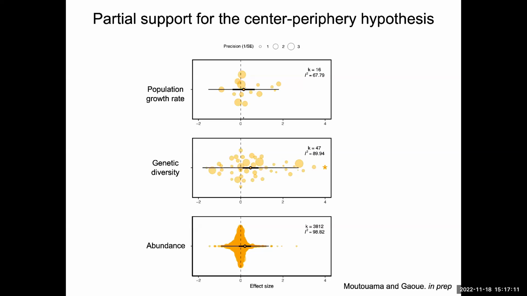So another question to ask here is, why do we have such a large variance for studies using the same response variable? As we were trying to understand that question, we realized that people use two types of distance when they test the center-periphery hypothesis.